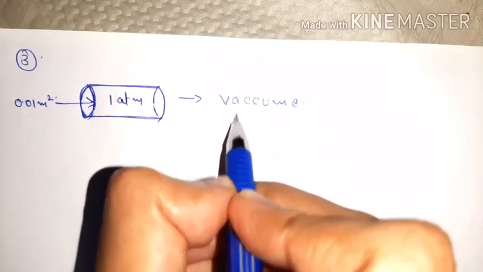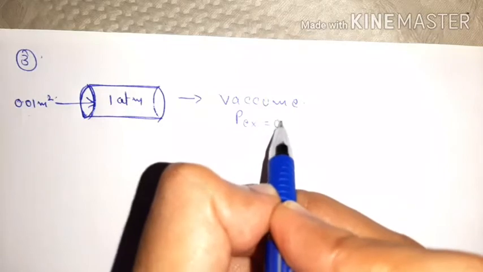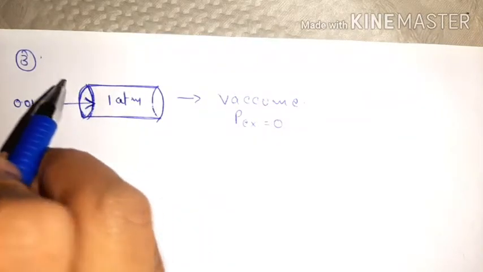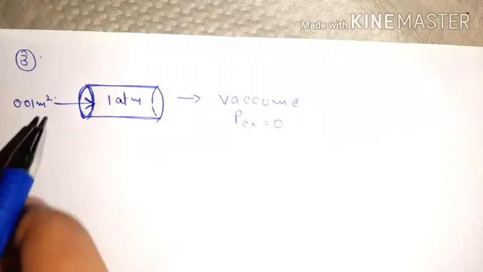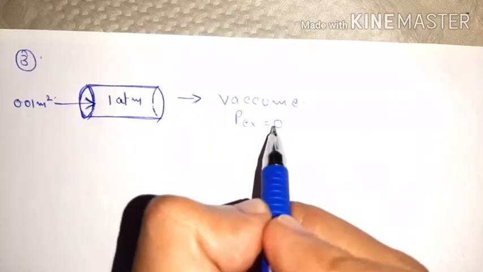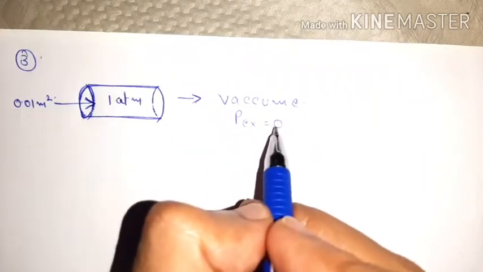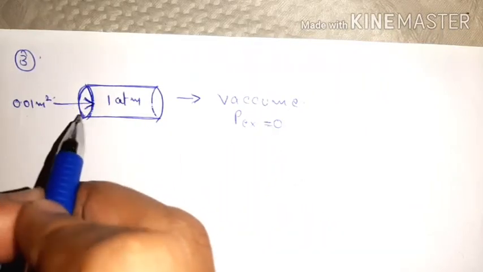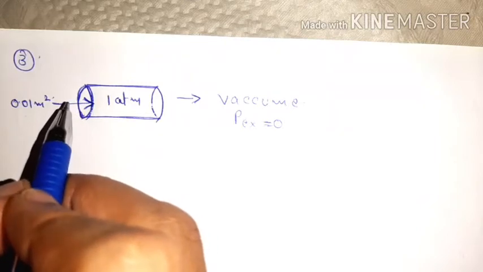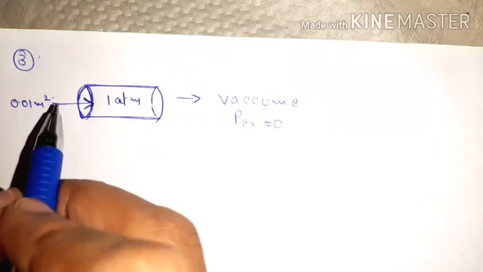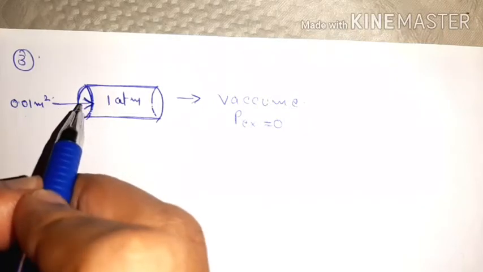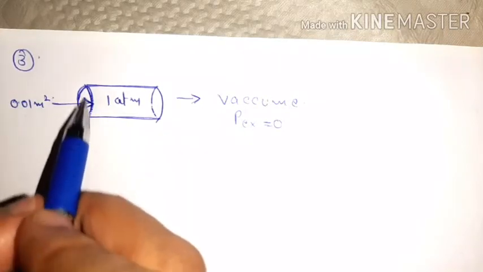So in a vacuum the P external is 0. Here the external pressure is equal to atmospheric pressure, but in a vacuum the P external value is 0. So when the P external is 0, the lid will move outside, and according to your question, we must find how much weight we put on the lid so that it maintains its condition.